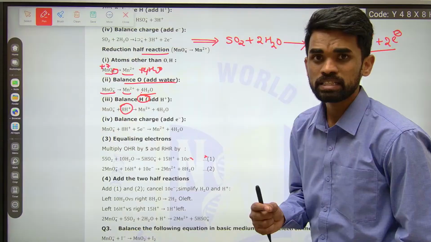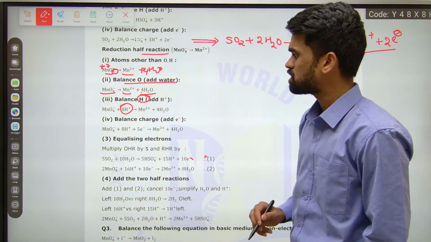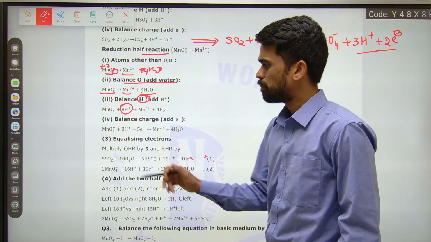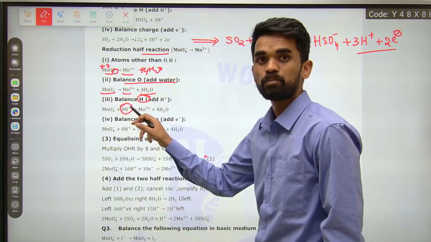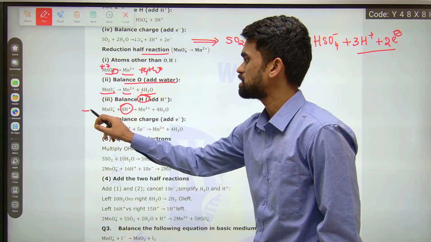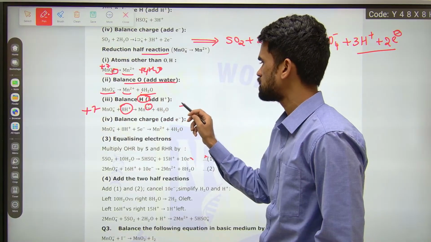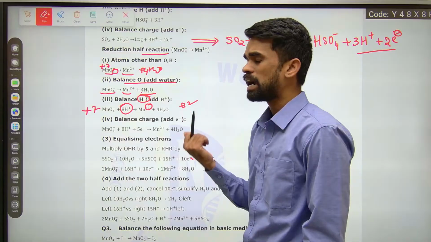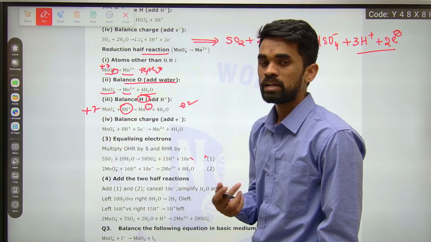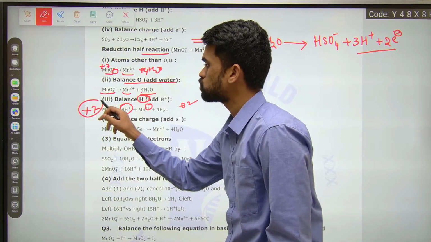Now what next? Atoms are balanced. Now charges should be balanced. What is the charge we have at the reactant side? There is 1 minus and 8 plus, so plus 7 charge is there at the reactant side. Now product side, just plus 2 charge is there. So how can we make it equal on both sides? By adding electrons. Which side do we need to add? Since electrons are minus charges, we need to add on the more positive side.